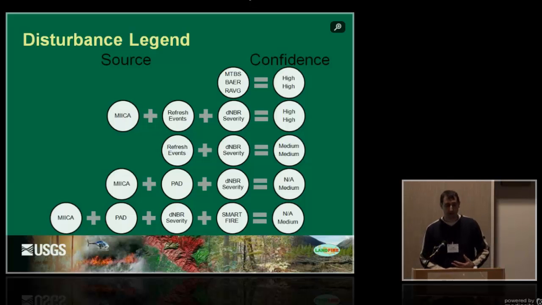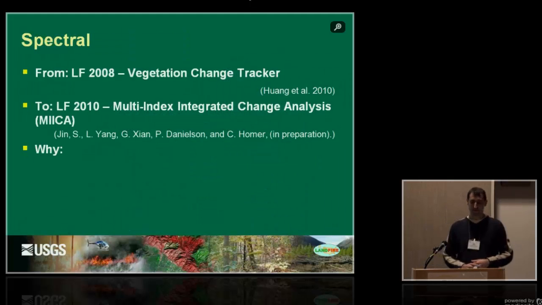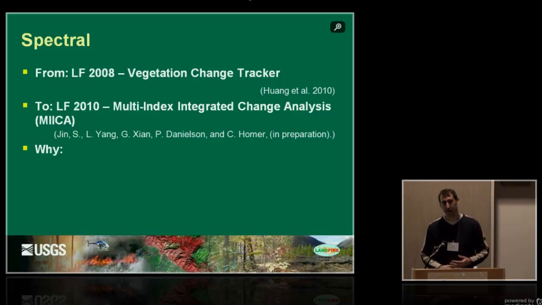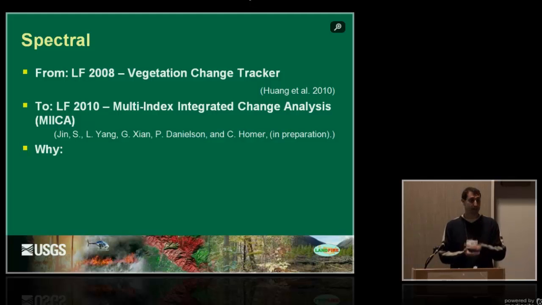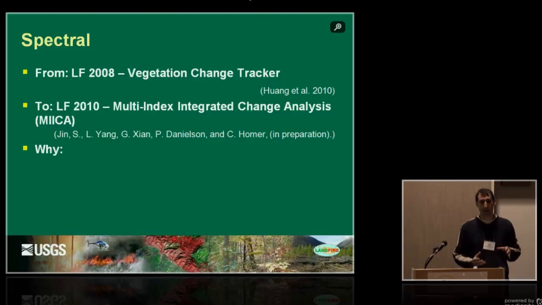So a little bit of background about the LANDFIRE 2008 disturbance mapping efforts and why the switch. For LANDFIRE 2008, we used the vegetation change tracker algorithm, and really what that did was we fed in stacks of imagery from 1984 to 2009, and then the vegetation change tracker algorithm calculates a forestness index and then looks for abrupt change in that index and then flags that pixel as being changed.